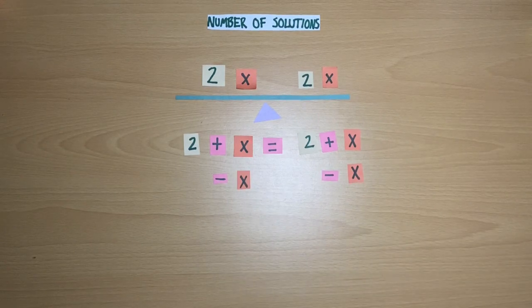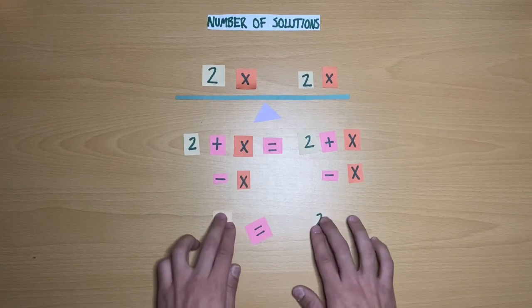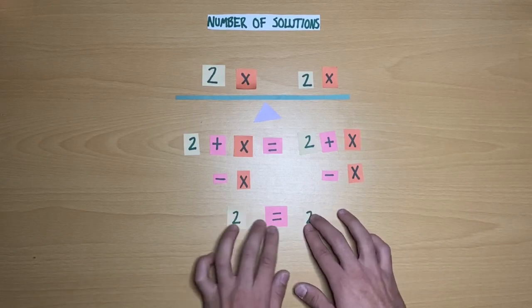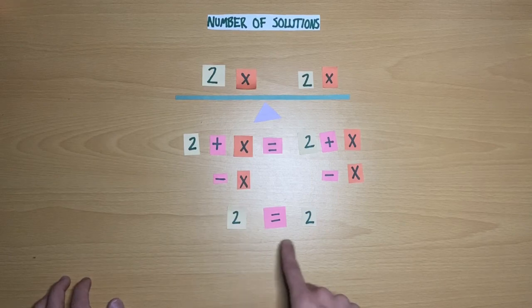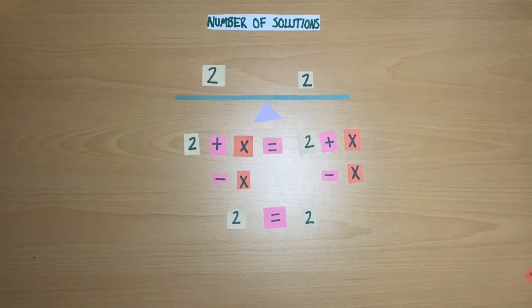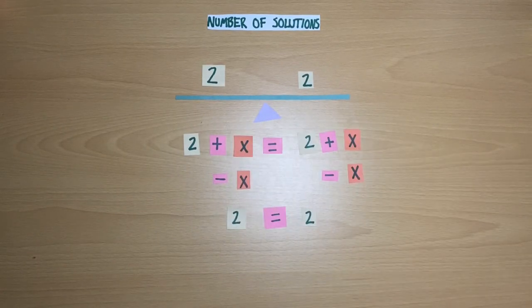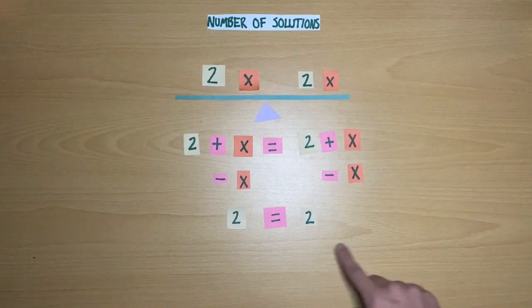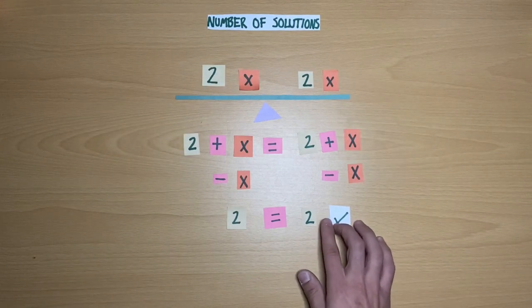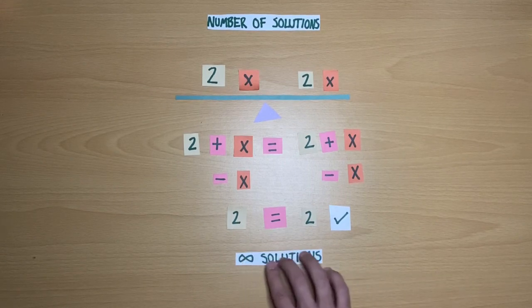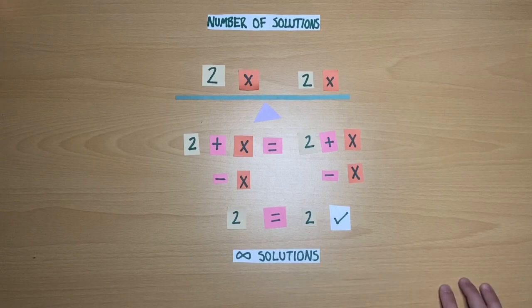But in doing so, again, we're eliminating the x on accident, I guess, and we are left with 2 equals 2, and you can see this here. We take x from both sides, we're left with 2 on both sides, and that is true. 2 equals 2 is a true statement, whereas in the previous example, we had 2 equals 3, which is false. Therefore, we have infinitely many solutions.